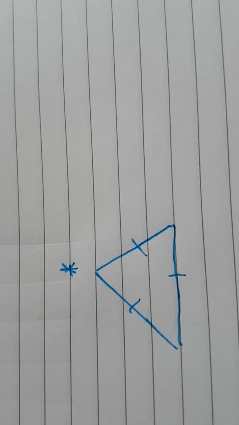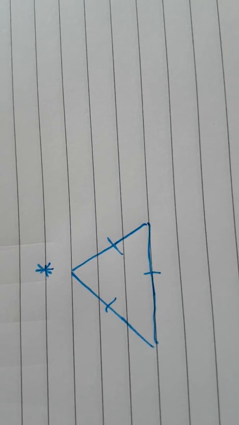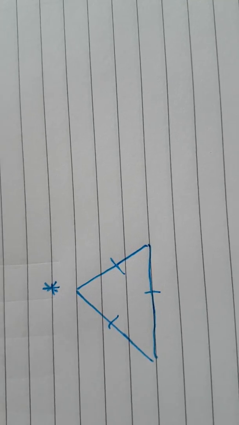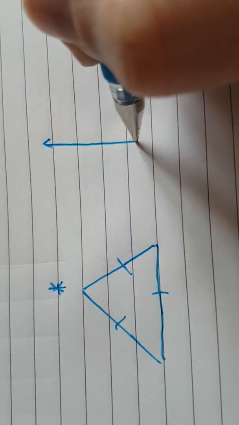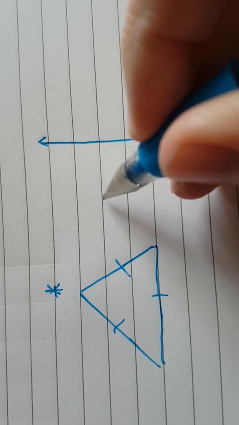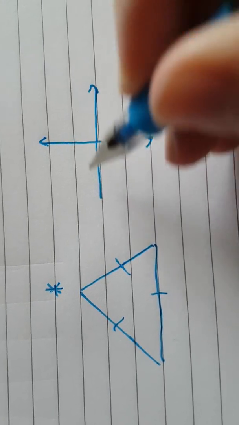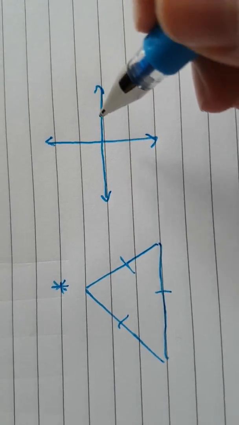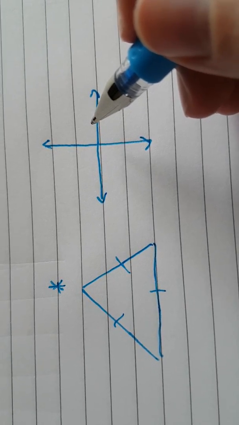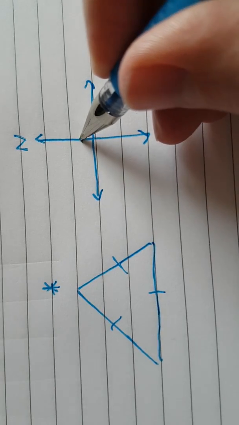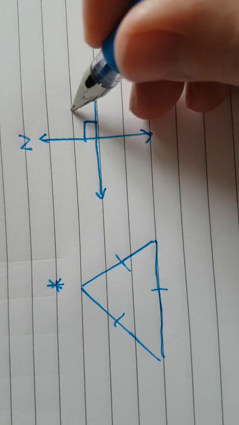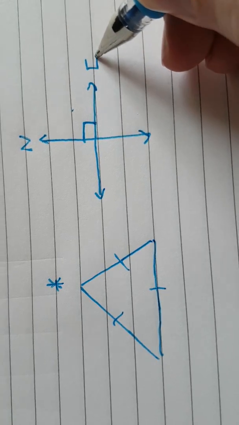So here we are, here's my triangle. I've drawn another one so it's changed slightly. After reading the question carefully, you need to think about how far you are turning it. Now if you think of almost like a compass, you've got 4 points, and this looks a lot like the grid you'll be drawing on. It's like your X and Y axes. North points straight up. If you turn 90 degrees right the way around, you'll then point east.